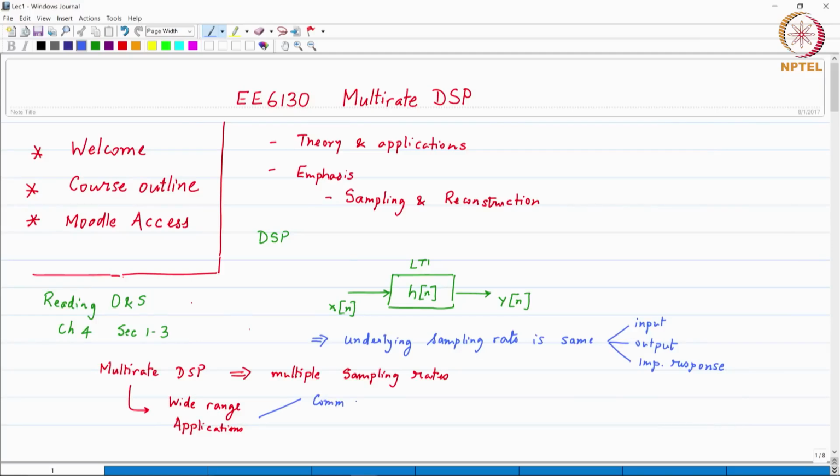Also speech and image processing. You'll also find that multi-rate signal processing has many applications on the modem side, on the receiver side, and on the transmitter side.